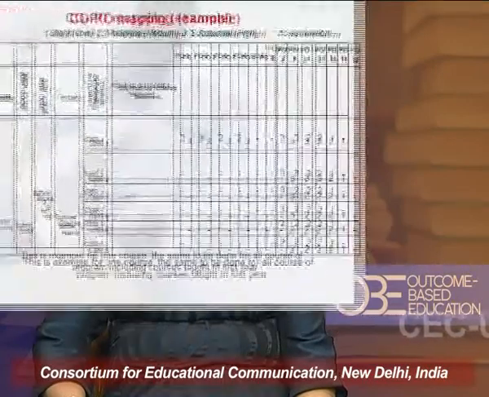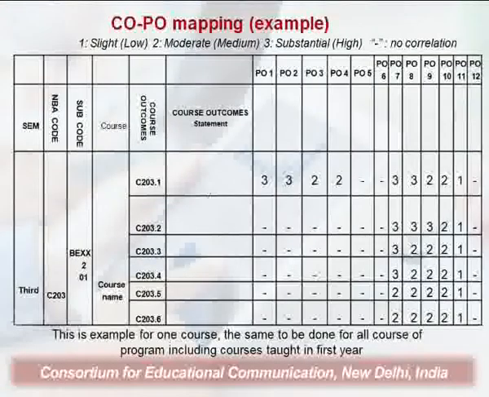Now, if you see this illustration on the screen, this is a PO-CO mapping. 1 is substantially low, 2 is moderate, that is medium, and 3 is substantially high, and a dash means no correlation. We can see the mapping as far as the PO-CO mapping is concerned. On the horizontal axis we have the program outcomes and on the vertical axis we have the course outcomes.